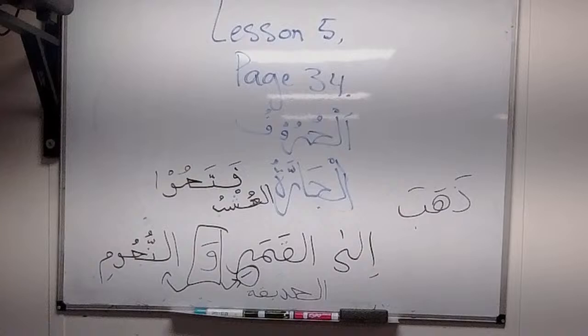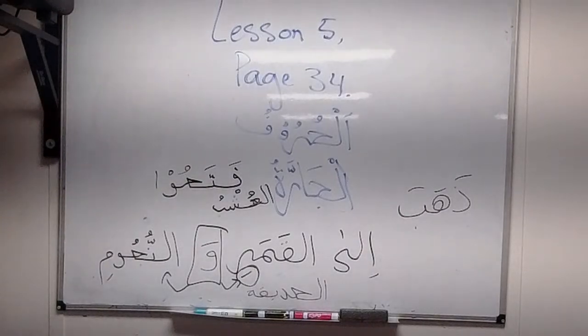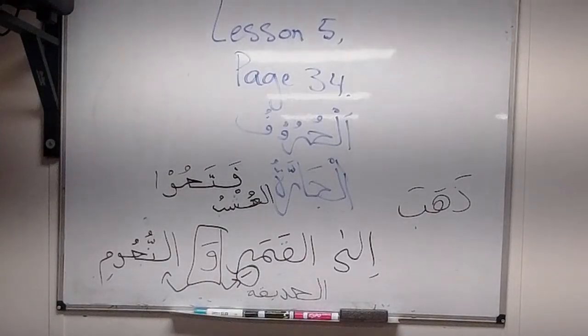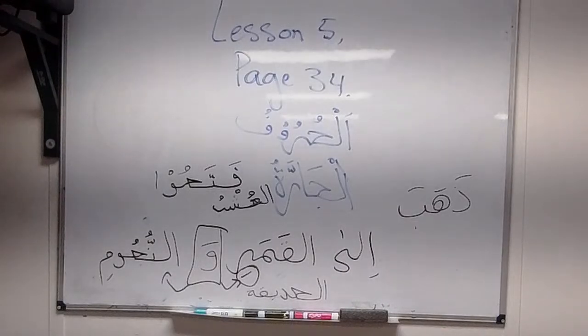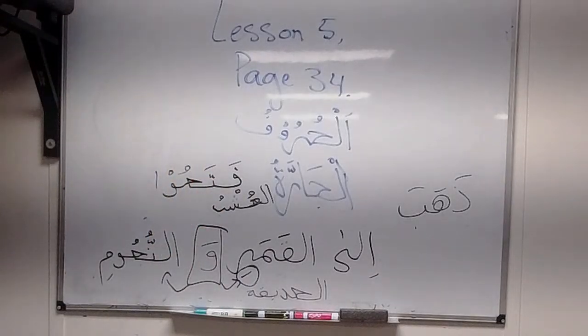Li, what does li mean again? For or to. All praise to Allah. I gave you two different definitions last class. The first one I wrote on the board was belongs to. All praise belongs to Allah.